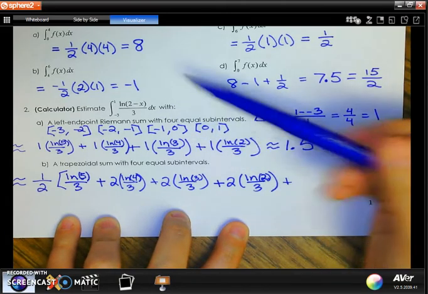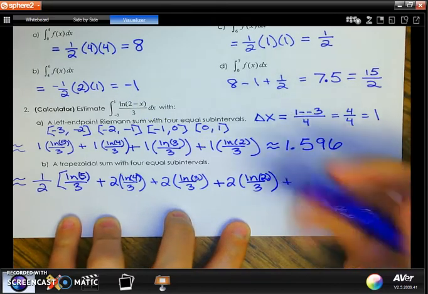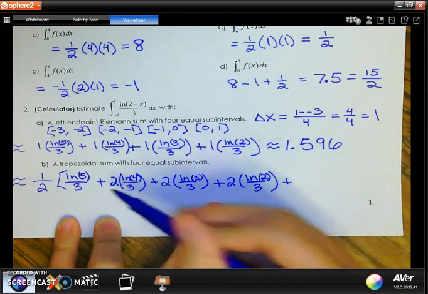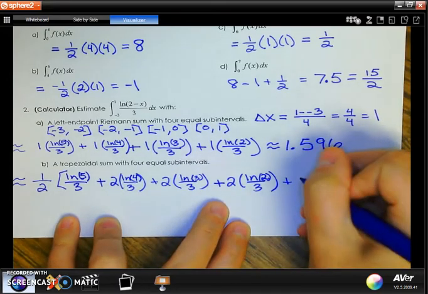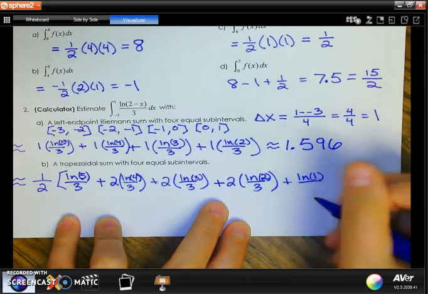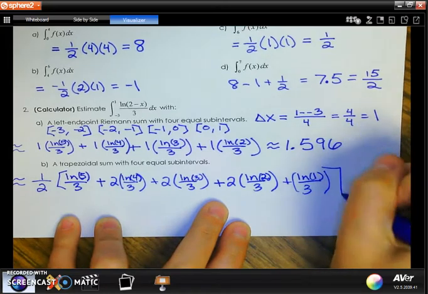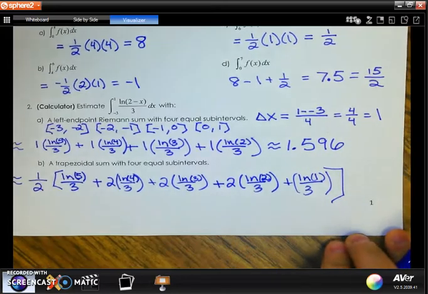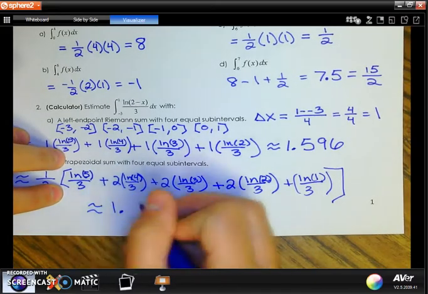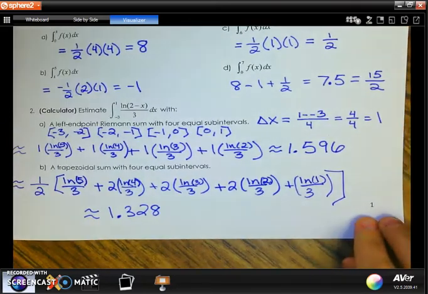Now I'm plugging in 1, and when I plug in a 1 there, this will just give me a 1, and remember, the beginning and the end don't have that 2 there in the formula, so this will just be the ln of 1 over 3. So you put all that into your calculator, and when you plug that in, you get 1.328.